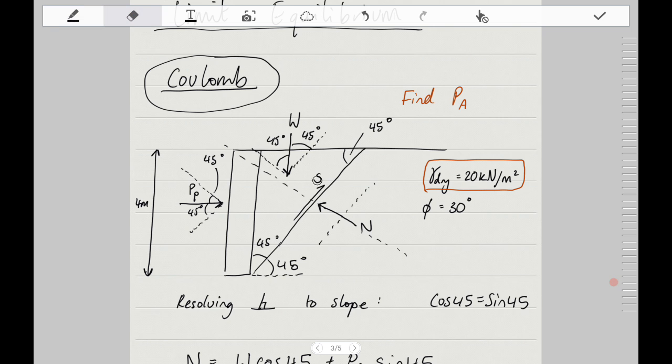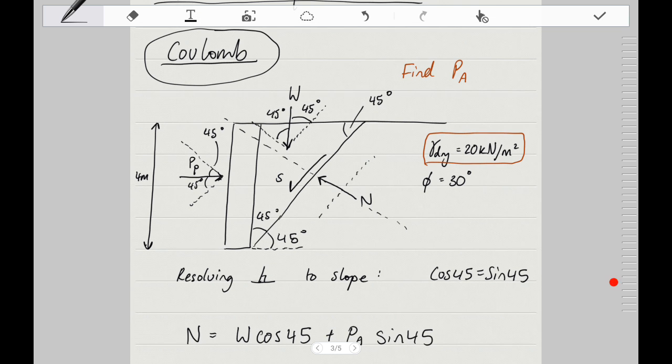The only thing that does change is the direction of S. The direction of S is now going downwards. That will give you your passive force.